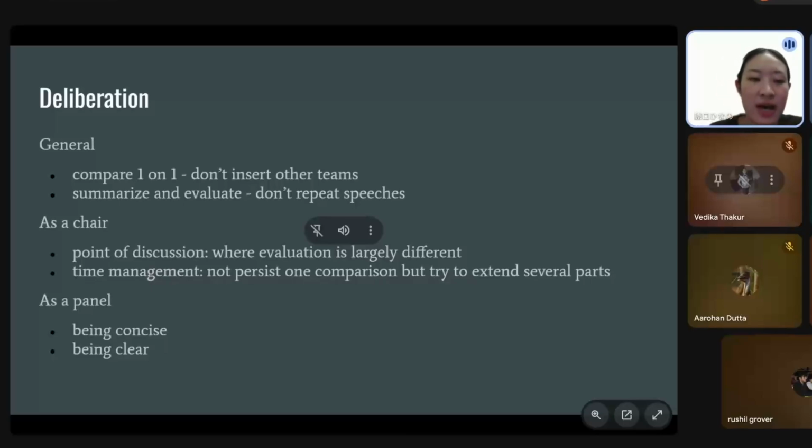So if you have three panelists, and two of them put CG fourth and one of them put CG first, probably closing government is the part you have to acknowledge. You have to deal with it, because the evaluation is very different.